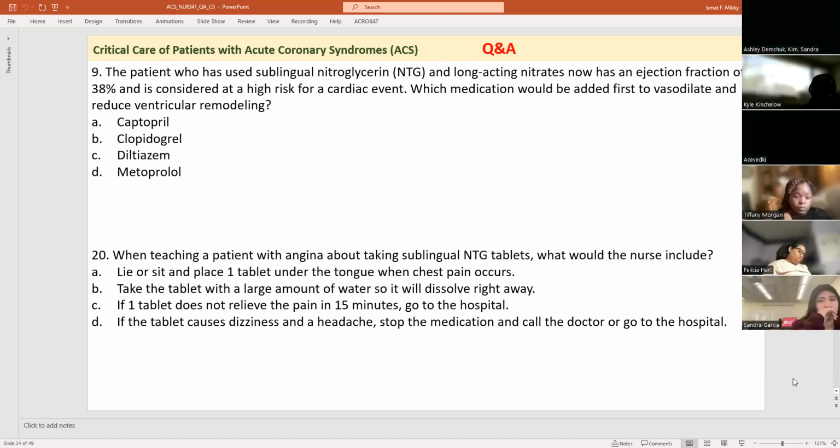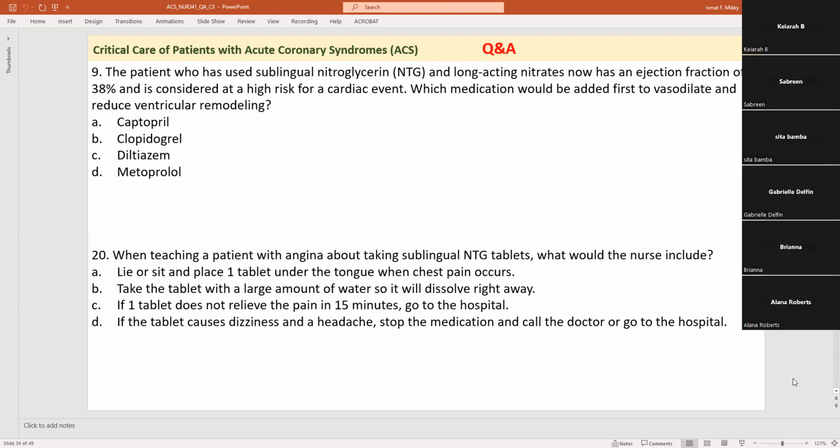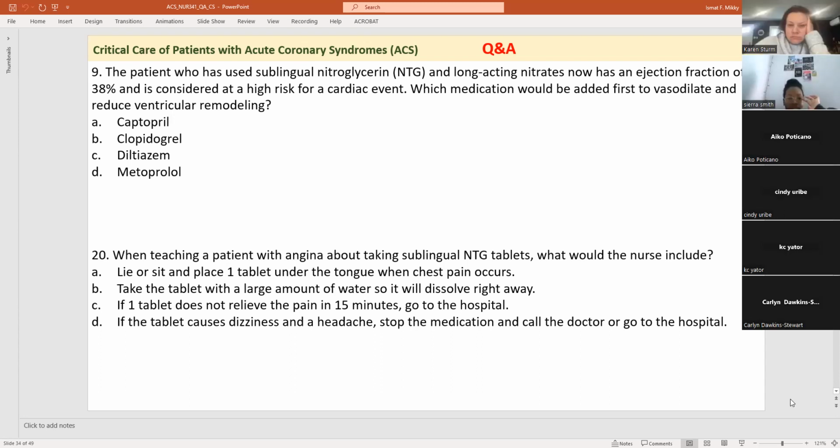The patient who has used sublingual nitroglycerin and long-acting nitrate now has an ejection fraction of 38% and is considered at high risk for a cardiac event. Which medication would be added first to vasodilate and reduce ventricular remodeling?